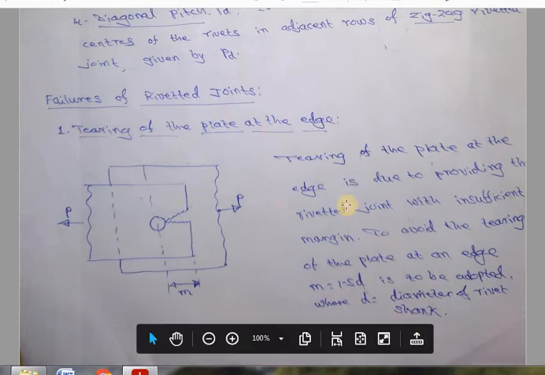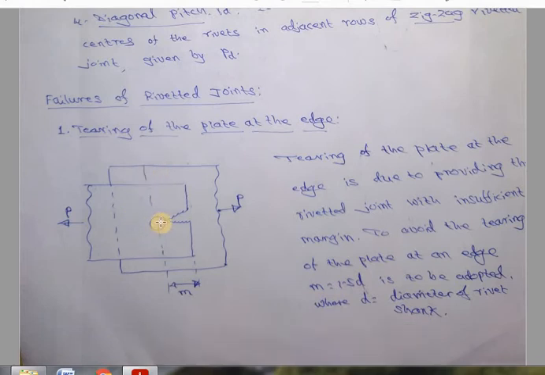You can see here I have shown a lap joint: one plate at the bottom and one plate at the top, with one rivet in the first row. The edge of the plate is going to tear off along the rivet when I apply the tensile force T onto the plate.